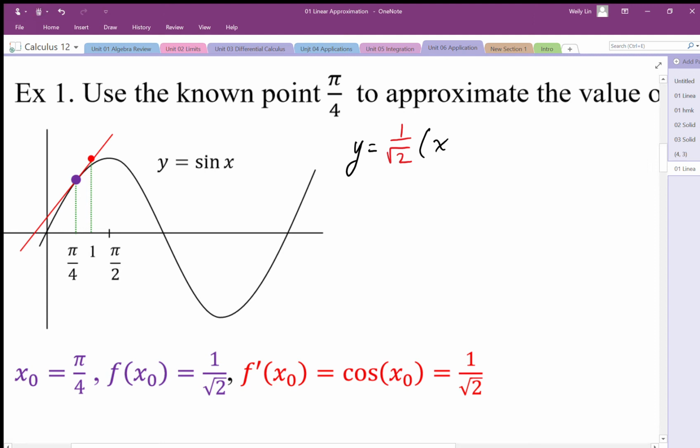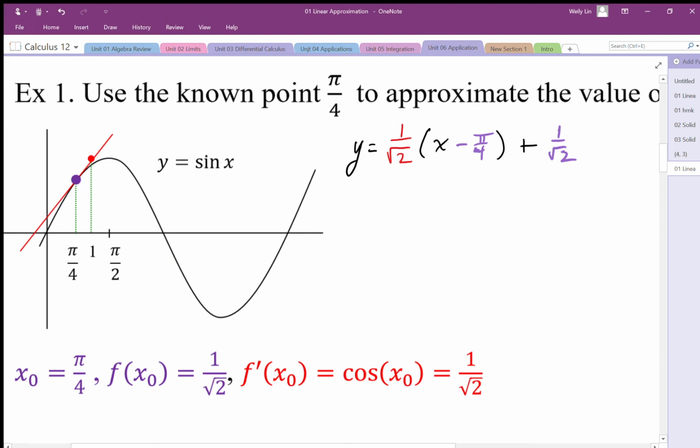Where's my purple? It's going to be minus pi over 4. And then plus the known y coordinate, 1 over root 2. So this equation will approximate points on the black curve of sine x near the pi over 4 angle.